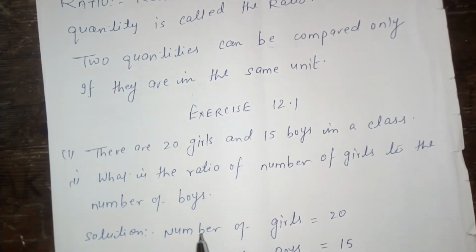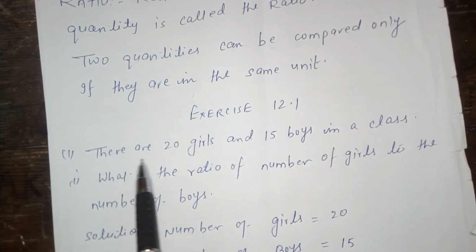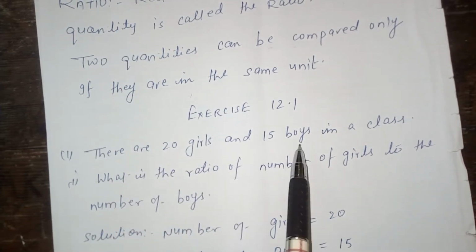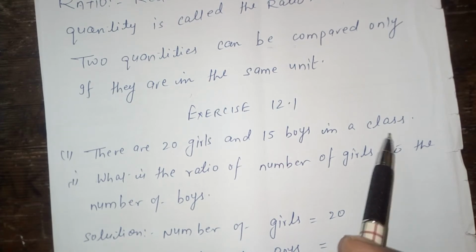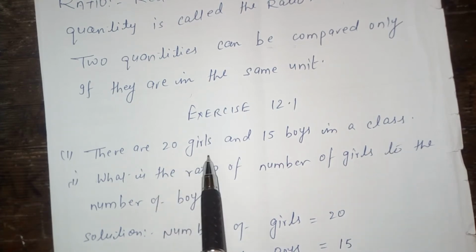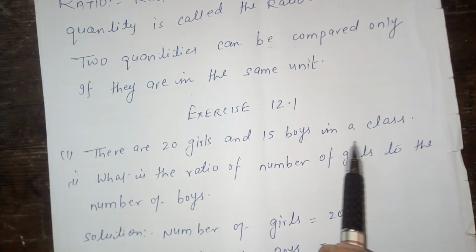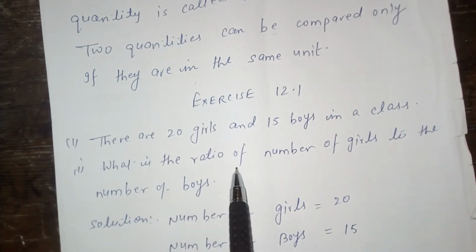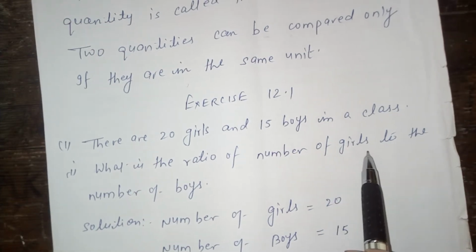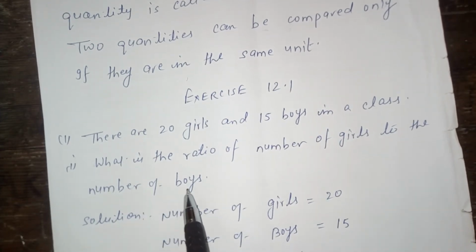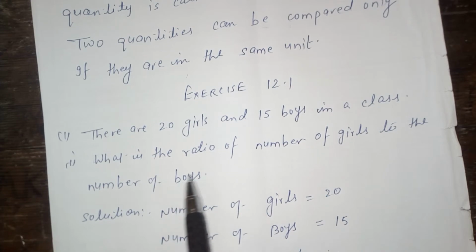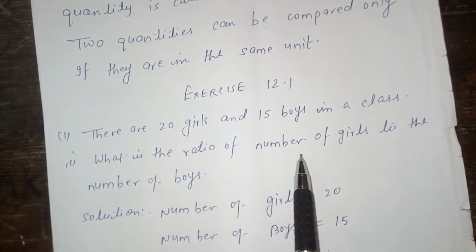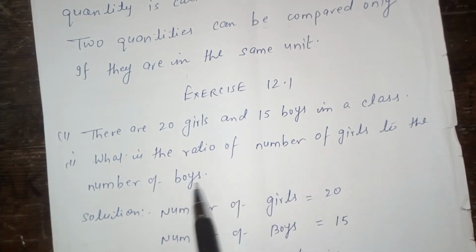Okay, my dear students, your first question is: there are 20 girls and 15 boys in a class. What is the ratio of the number of girls to the number of boys?